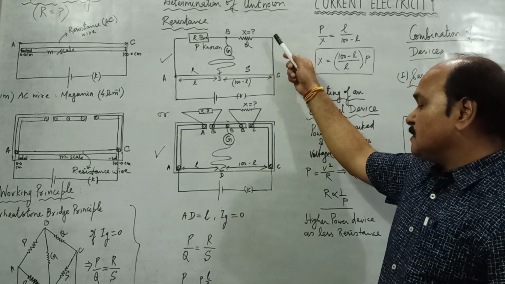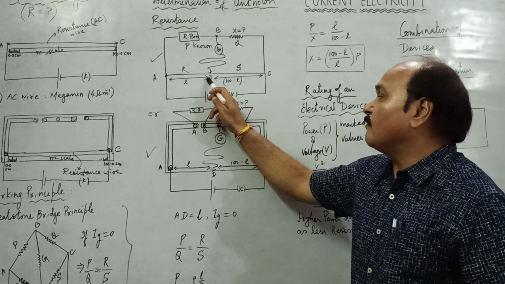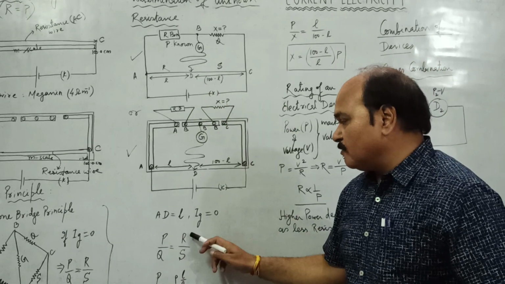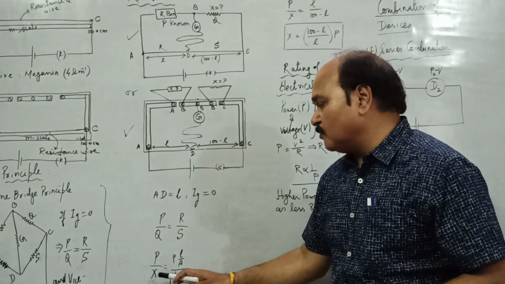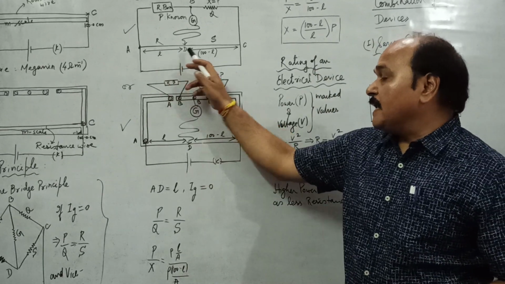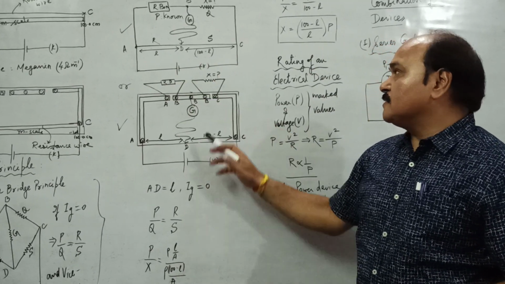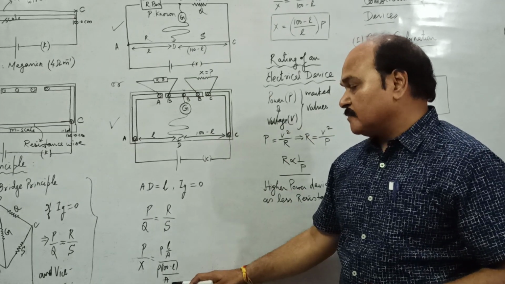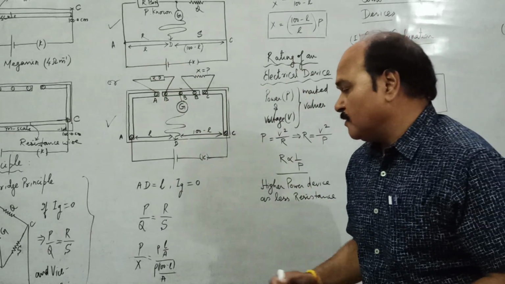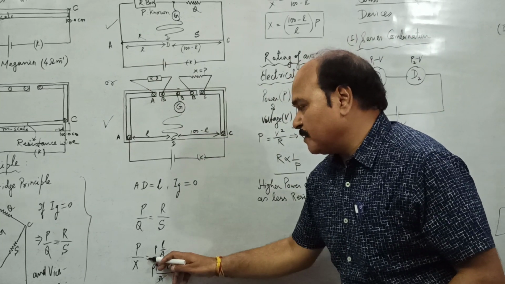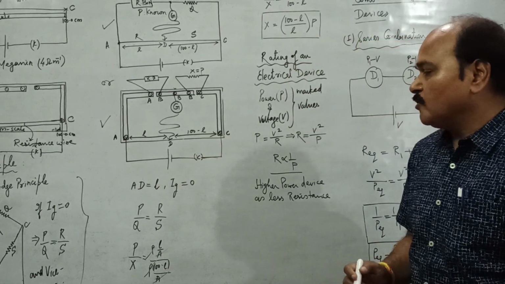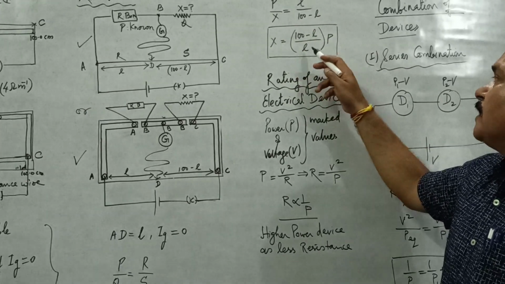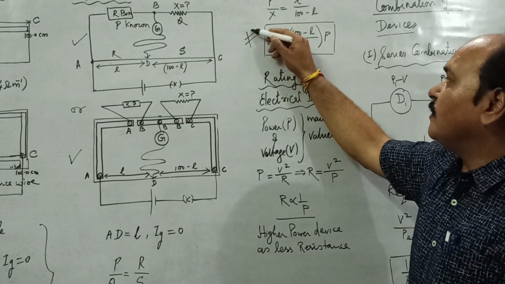X is the unknown resistance, R is the resistance of this wire of length L, and S is the resistance of the wire of length 100 minus L. So P by X is equal to R by S. Resistance of the wire of length L is rho L upon A, and resistance of the wire of length 100 minus L is rho times 100 minus L upon A. The wire is uniform, therefore the cross-sectional area is the same, and it is made of the same material, therefore rho cancels out. So we get P by X is equal to L upon 100 minus L. That simply means X is equal to (100 minus L) upon L into P. That's how we find out the value of unknown resistance.